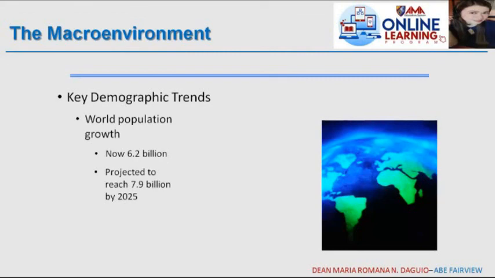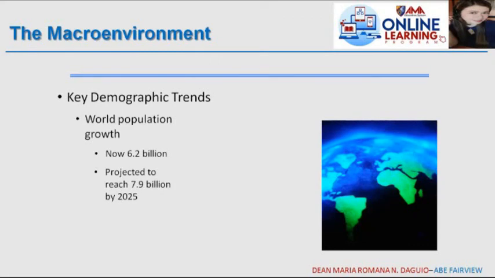Okay. Still, under macroenvironment, we have the key demographic trends. So, ano ba ang napapaloob sa demographic? So, that could be age, the sex, the population, yung bilang ng tao, etc. So, in terms of world population growth class, ngayon, tinataya, approximately 6.2 billion na tayo sa buong mundo.